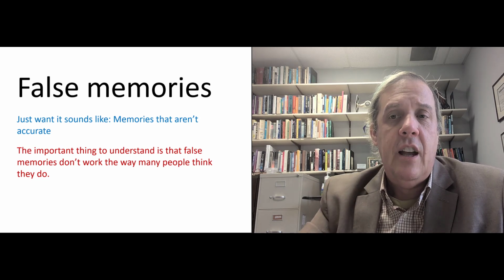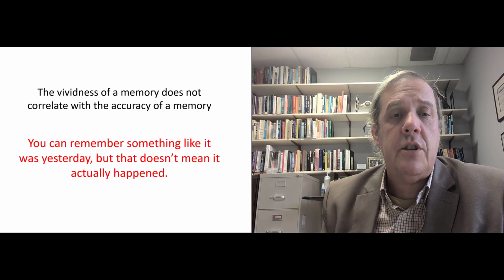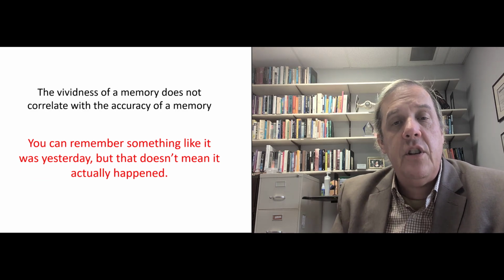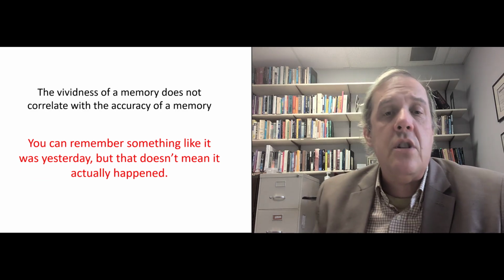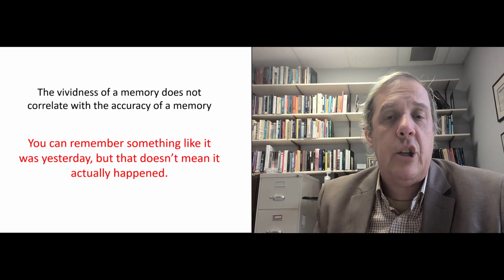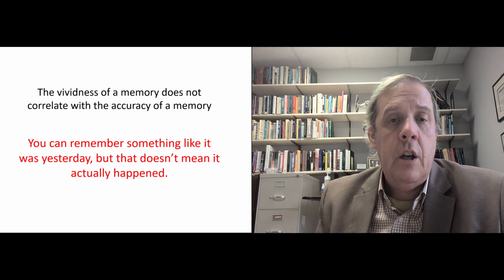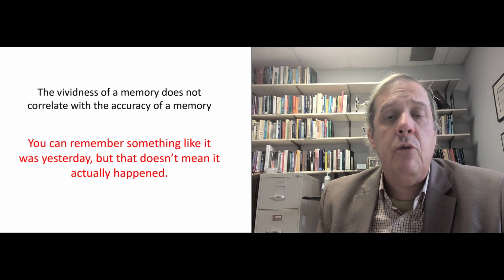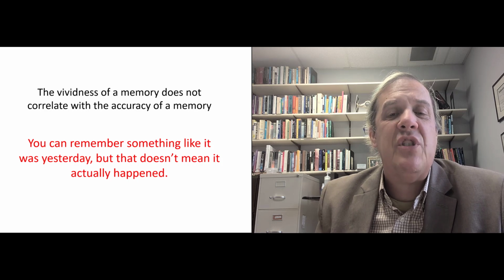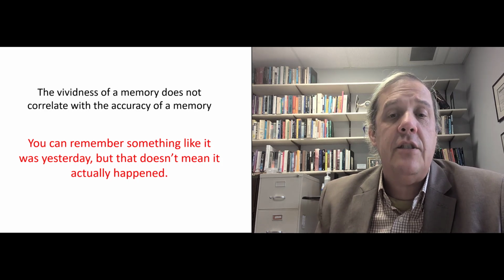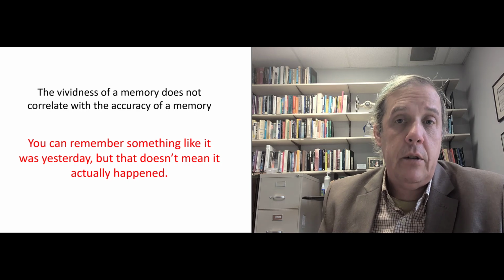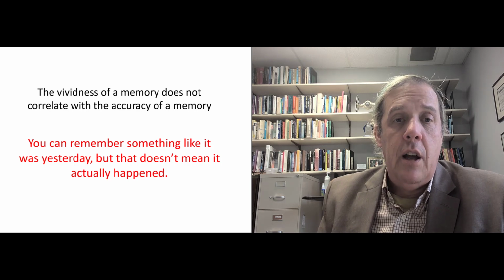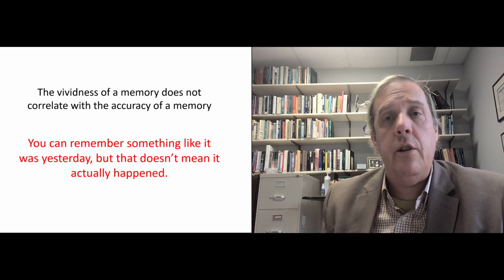This is the key. And one easy and important takeaway is that the vividness of a memory does not correlate with the accuracy of a memory. You can remember something like it was yesterday, but that doesn't mean it actually happened. And there's no correlation here either way.